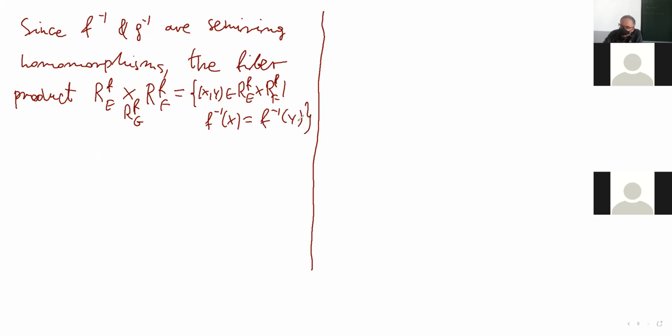So the fiber product is a sub-semi-ring of the Cartesian product semi-ring.